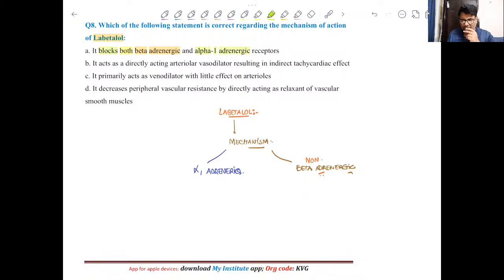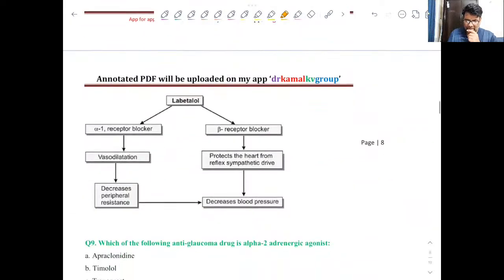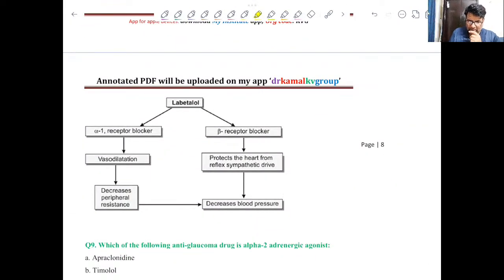So it is blocking both alpha 1, right? So it is blocking this and it is also blocking this. So labetalol is an alpha 1 receptor blocker. It is also a non-specific beta receptor blocker.